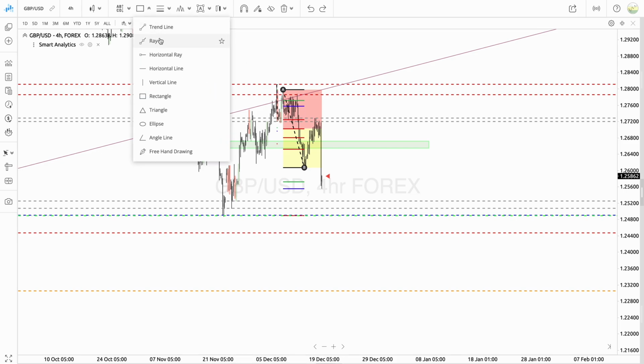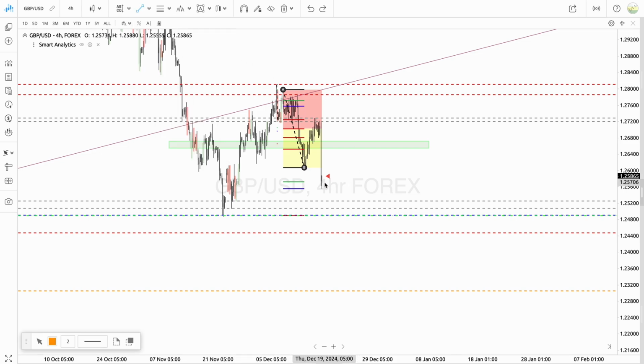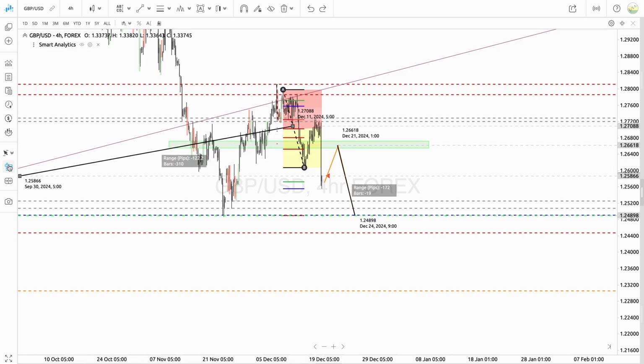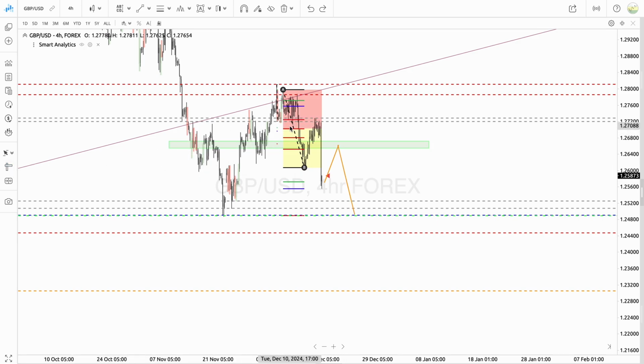So theoretically, what I would like to see is price push back to this level and then finish out the sequence here, right? And so if we get that move, if price forms a level of resistance here, that is potentially 172 pips that could be up for grabs. So let me get rid of this. I'm going to drill down even further though, because I don't want to wait that long.